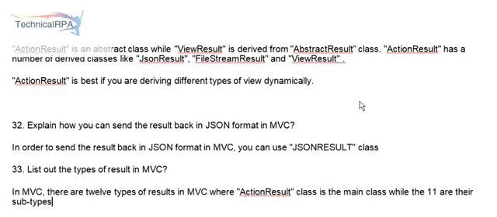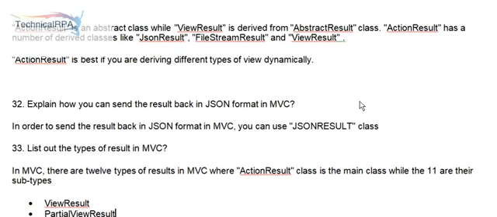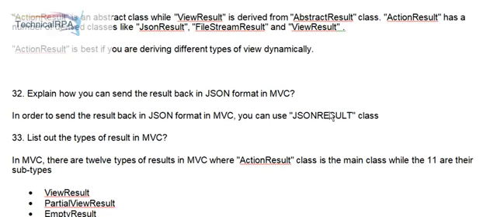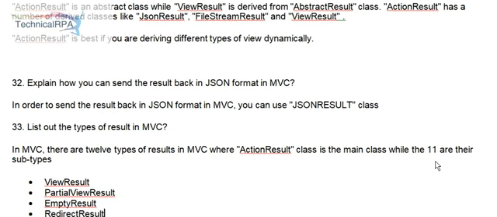32. Explain how you can send the result back in JSON format in MVC. In order to send the result back in JSON format in MVC, you can use the JSON result class. 33. List out the types of result in MVC.